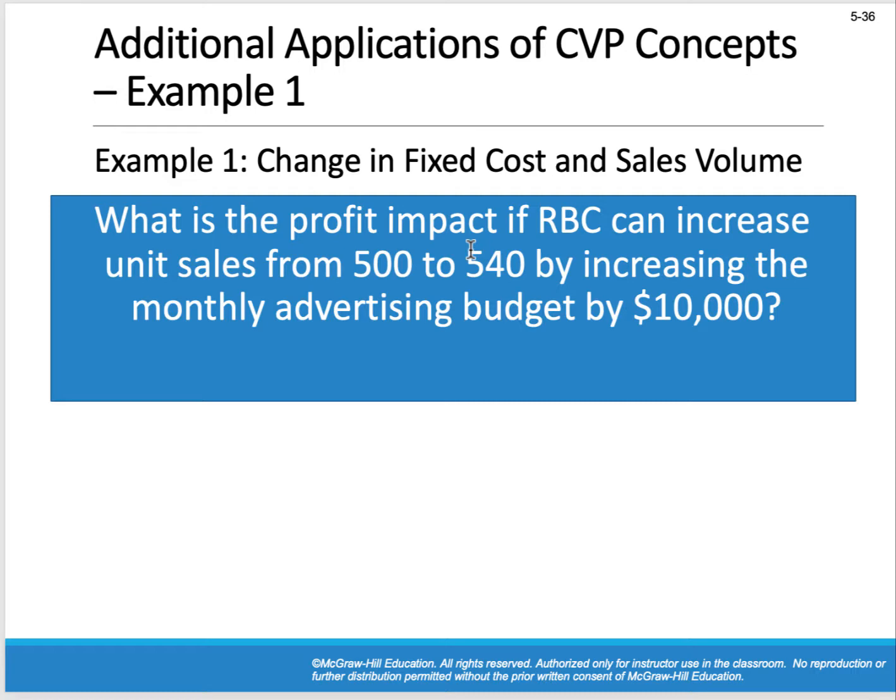Well, it assists management in determining the level of sales that's needed to break even or to generate a certain dollar amount of profit. As we go through these next 5 illustrations, we're going to see that there are alternative decisions that we can determine very quickly, okay?